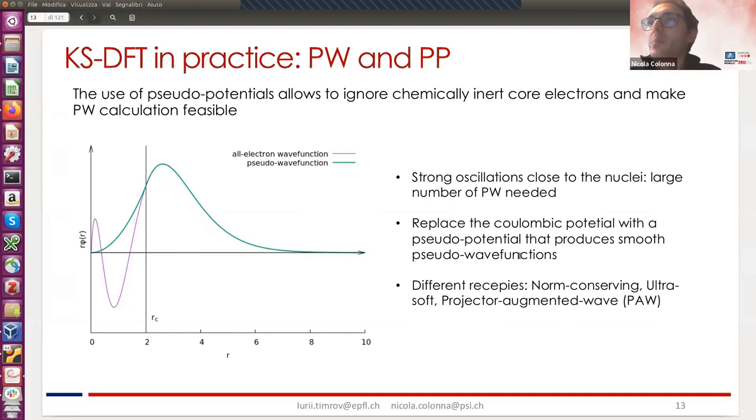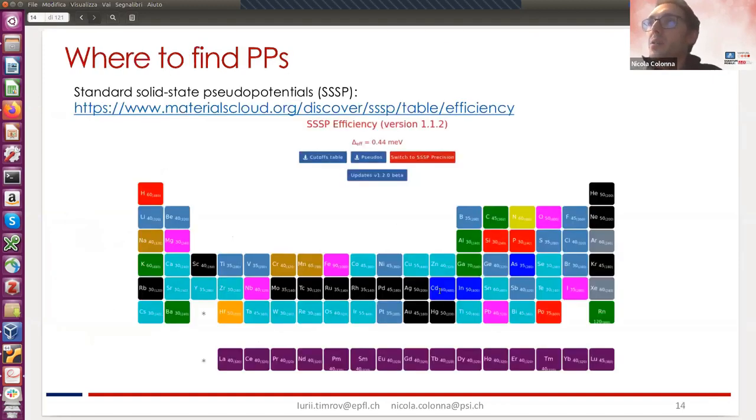Now you have different recipes to do that. We're not going to go into detail. You have norm-conserving pseudopotentials, or ultrasoft, or projector augmented wave pseudopotentials. But the important message is that you need to have such a pseudopotential if you want to run a Quantum ESPRESSO calculation. And again, you are lucky enough that people have already addressed this problem.